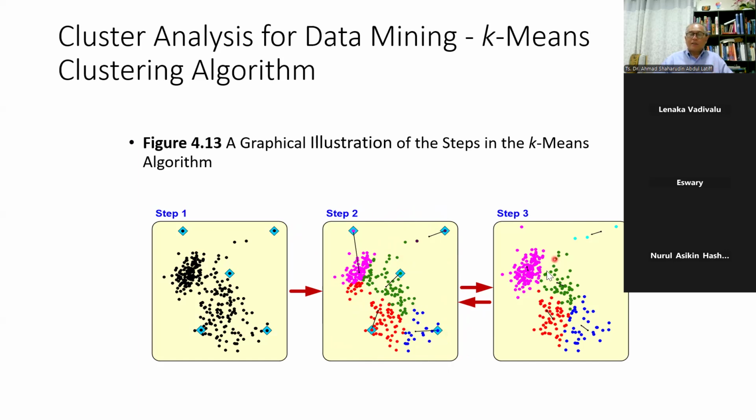The centroid becomes the middle number. And then we have the clusters here. In step 3, we have cluster 4 and cluster 5 here. The furthest cluster is here. Cluster 1, cluster 2, cluster 3, cluster 4, and cluster 5.